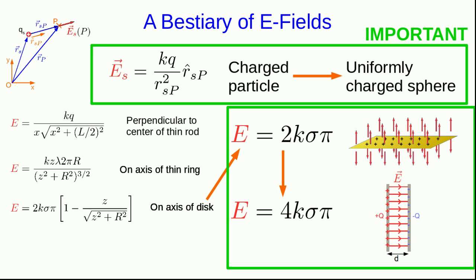Luckily, they're also very simple. But we're going to use these ones over and over again, just as we'll also use the expression for the E-field due to a charged particle. So don't get all bent out of shape about these unimportant expressions for things like thin rods and rings. What is important about them is not the expressions, it was the method we used to get them. These expressions are the ones that are actually useful.